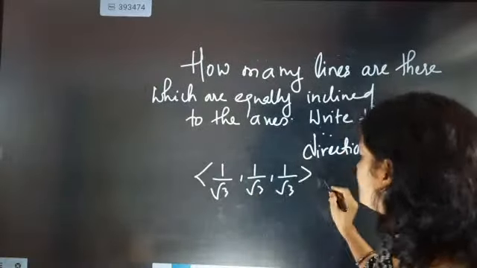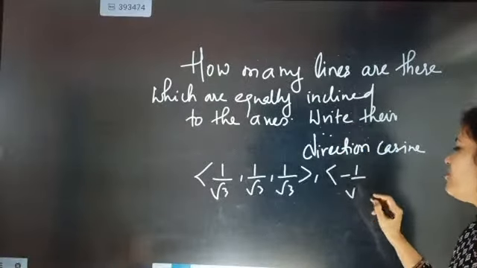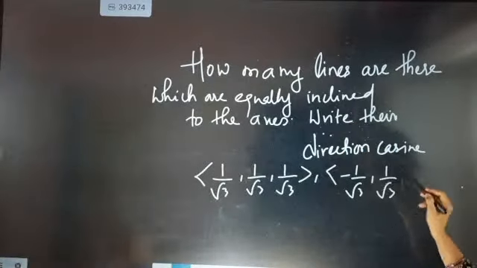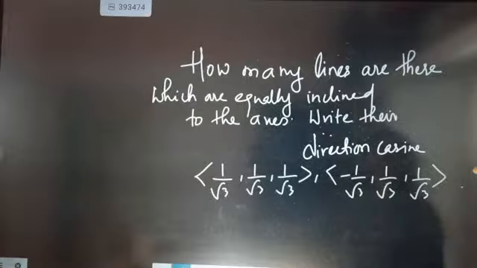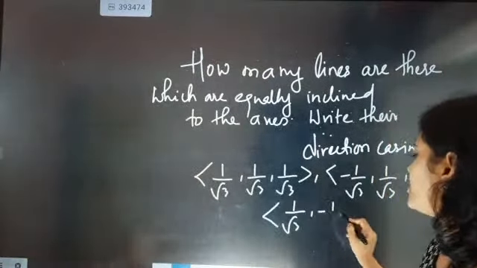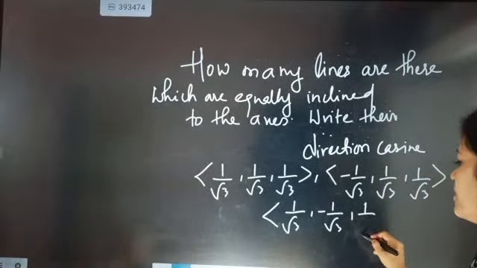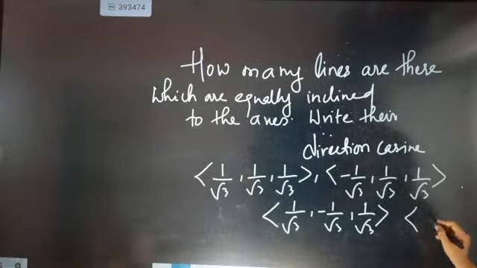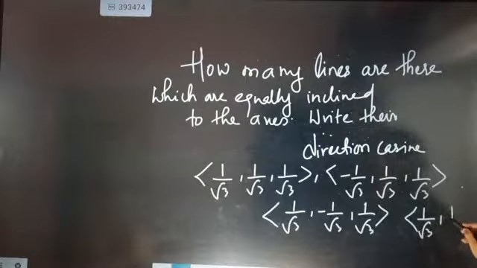Another one will be x is minus 1 by root 3, y is 1 by root 3, z is 1 by root 3. Next will be 1 by root 3, then minus 1 by root 3, then 1 by root 3. And then next will be 1 by root 3, 1 by root 3, and minus 1 by root 3.